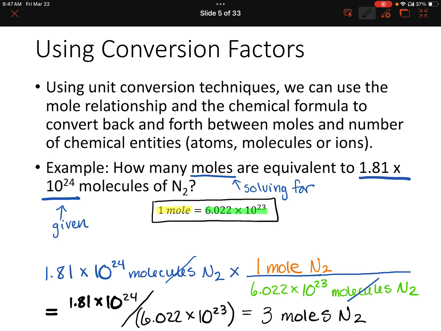So 1.81 times 10 to the 24th molecules of nitrogen is equivalent to 3 moles of nitrogen. This is a handy way to count how much of something you have, because there isn't a good way to count all of the molecules in a sample. That would take forever, especially since they're really small molecules.